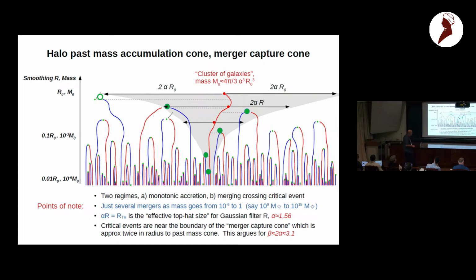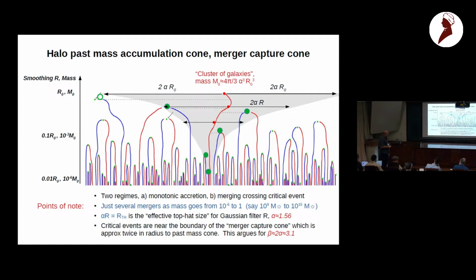So what is the width of the cone within which we have to count our critical events? The cone is not straight because the position of the surviving peak varies. As you change the smoothing, it moves around in the initial conditions. But fortunately, that does not matter because the volume of the cone is insensitive to how you shift different layers.